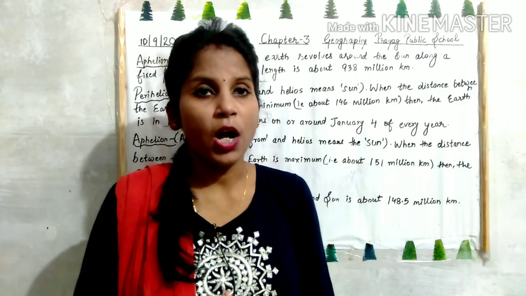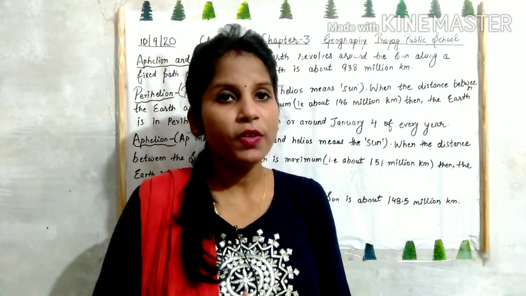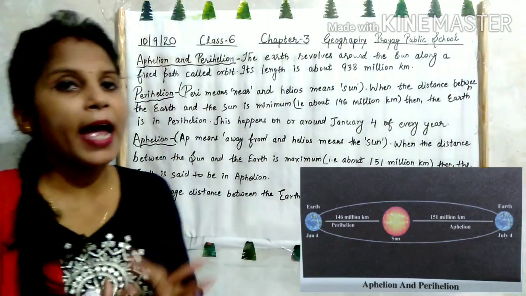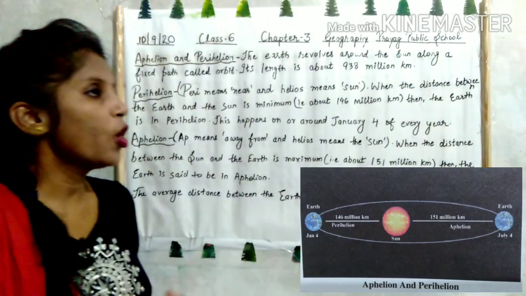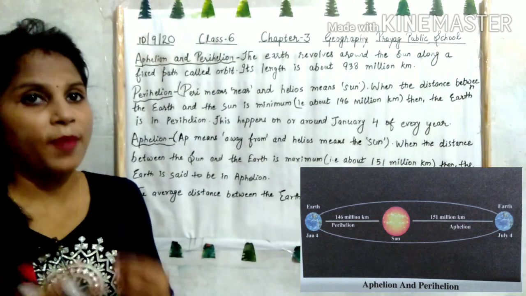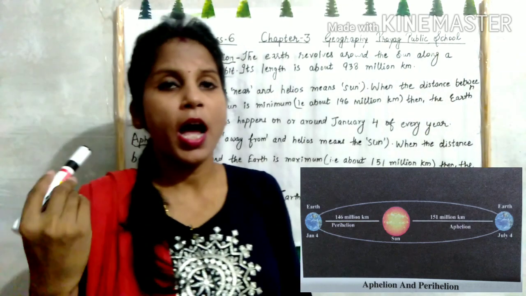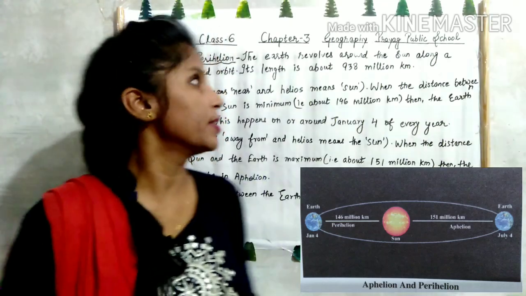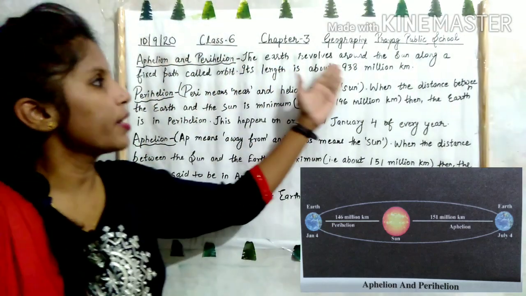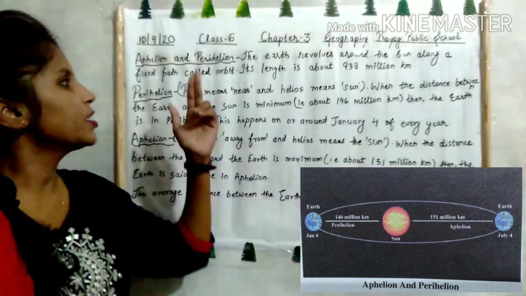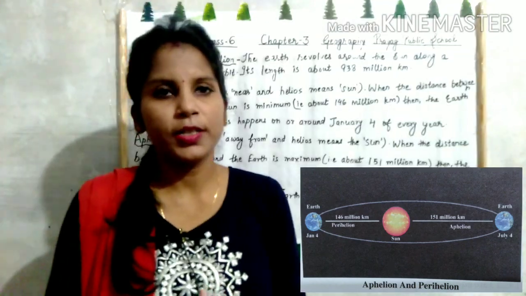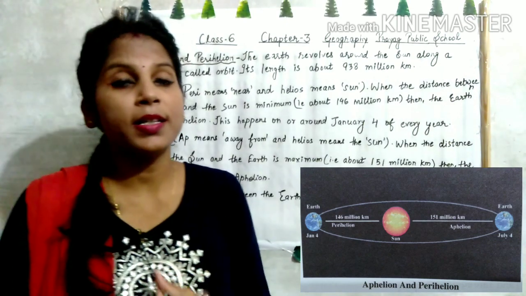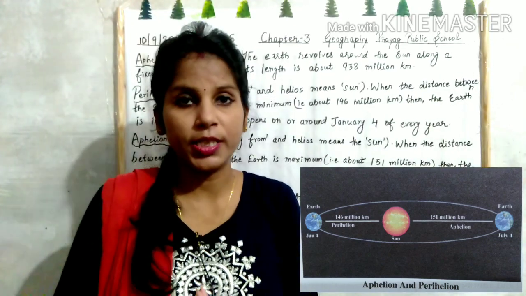Okay, now in today's video we will be discussing aphelion and perihelion. As we all know, Earth is a planet and it moves around the sun in a fixed path that is called orbit. So the Earth revolves around the sun along a fixed path called orbit, and its length is about 938 million kilometers.